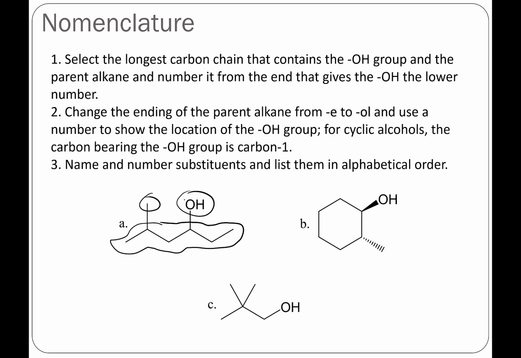So it's numbered and designated that way, but the OL suffix takes care of the OH group. Putting this all together, my question for you is: where is the methyl group and where is the OH group? What are their number locators?